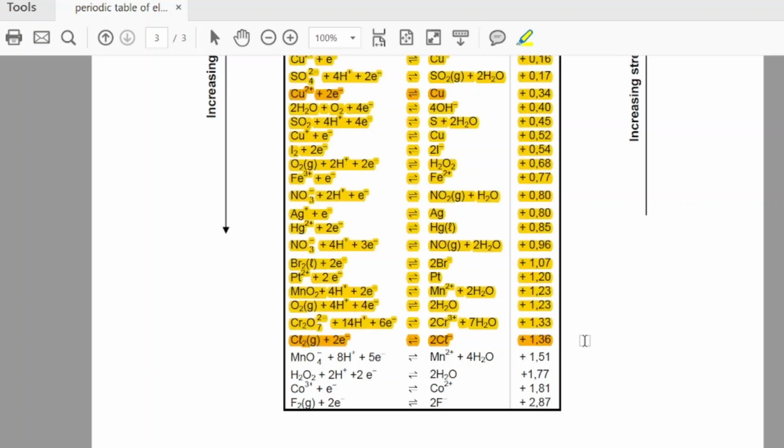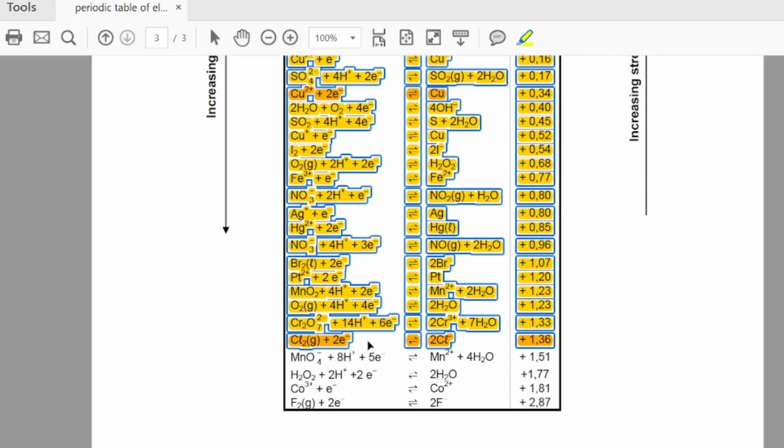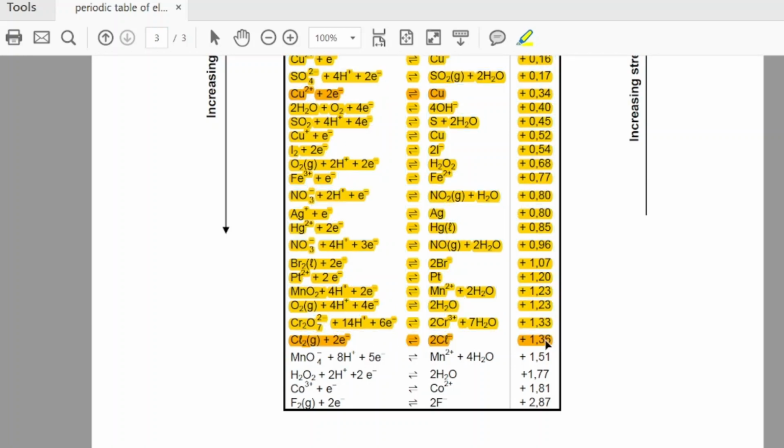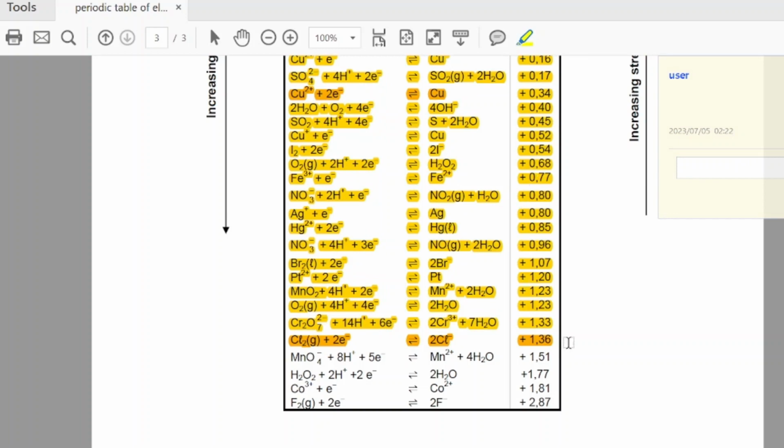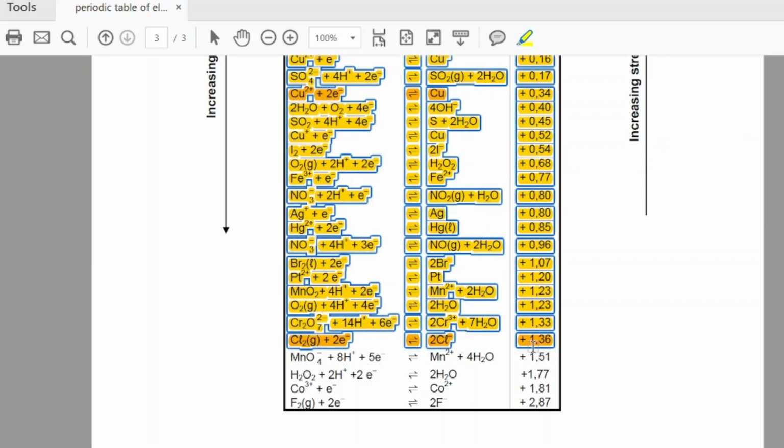If you go to 4b, you can see there's chlorine right there. Okay, but I think we can all see chlorine is right here. And we say it's undergoing oxidation, so we need to write it in the reverse way.